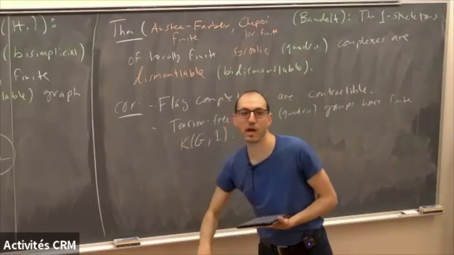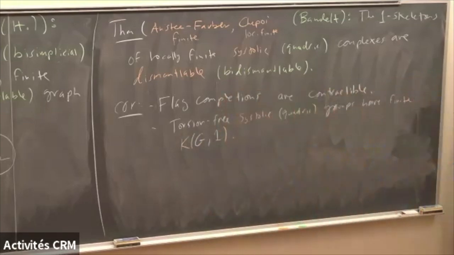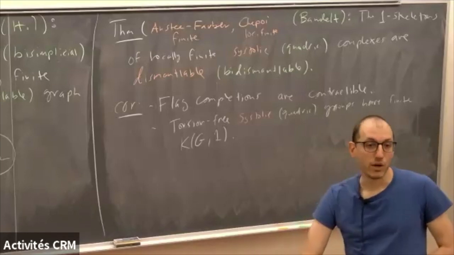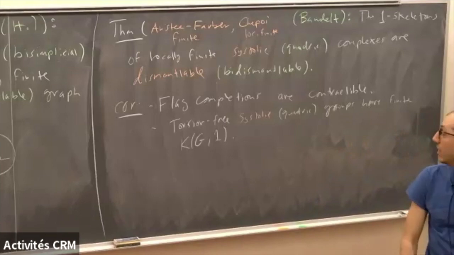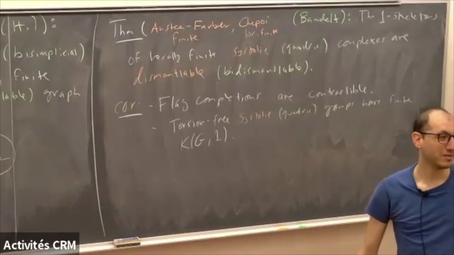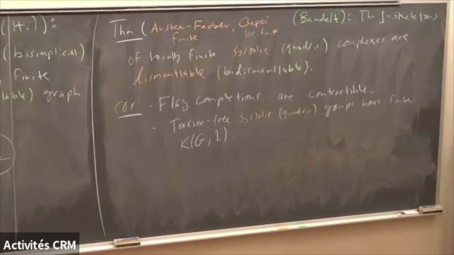Okay, and there are other kinds of results about these groups and complexes of a non-positive curvature nature. There are flat torus theorems, axis theorems, fixed point theorems for finite groups acting. But yeah, I'll stop there.